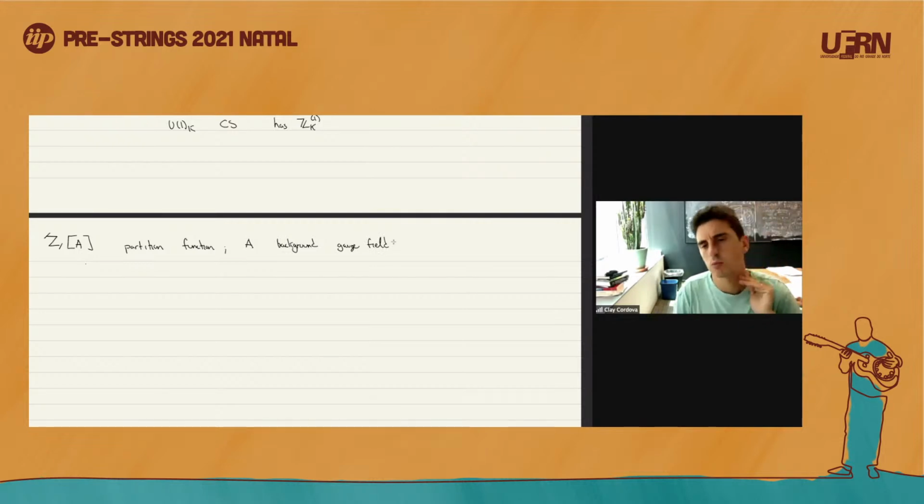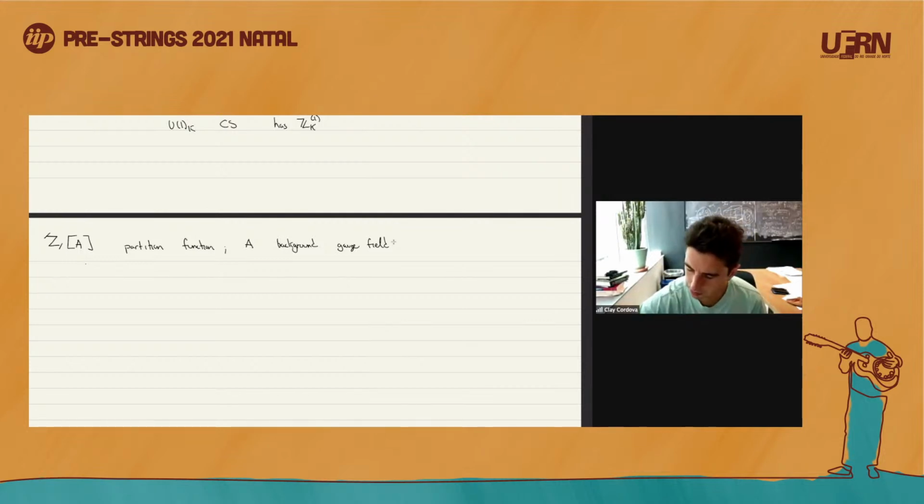For some global symmetry. Now, you can have in your mind two situations. One is that you can think that A is a background field for an ordinary, simple, continuous global symmetry, but you should also now have the seed in mind that A could also be a background field, something like what I was calling B before, a background field for a discrete symmetry or a higher form symmetry. Many of the properties will be similar.